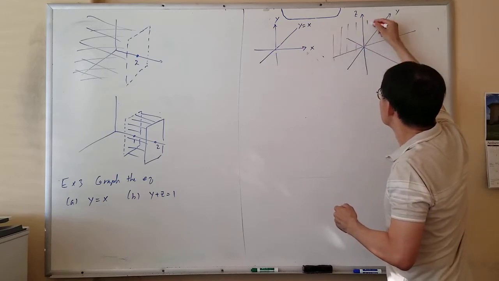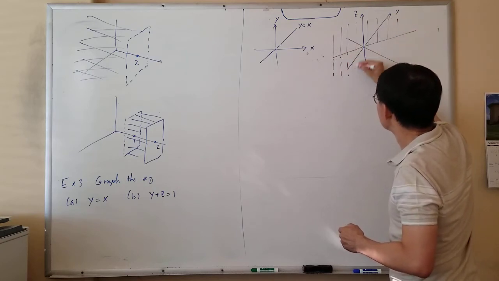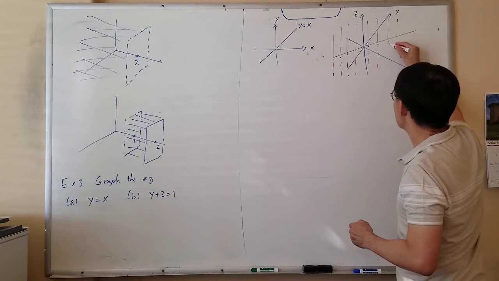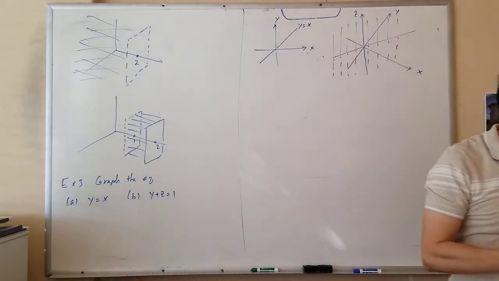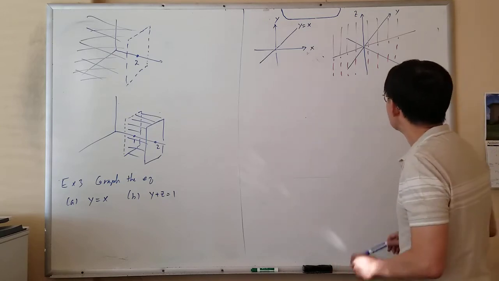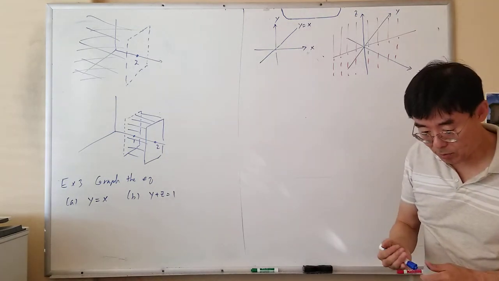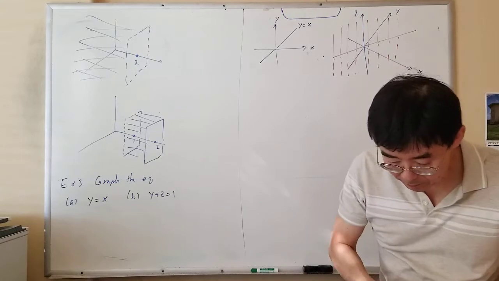Vertical curtain. Obviously going through down also. Vertical curtain. Wait a second. Alright. Okay. A vertical plane through the y equals x line.